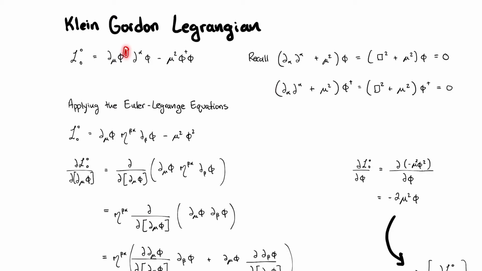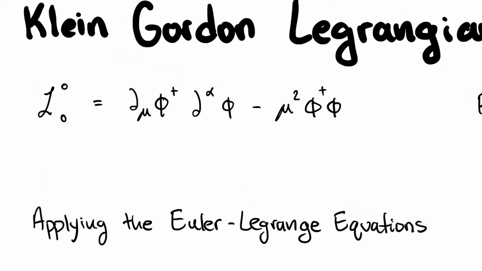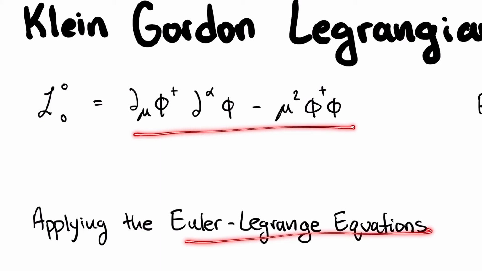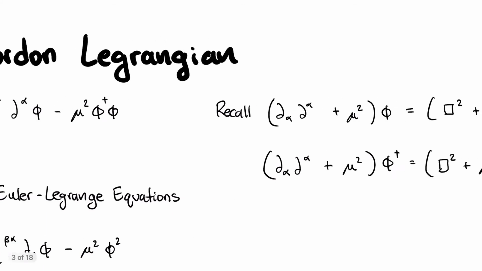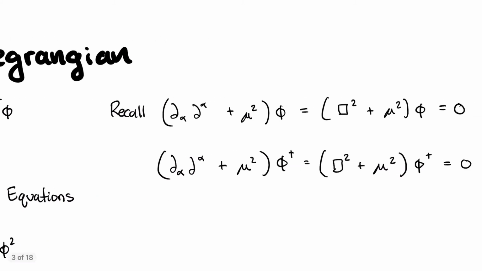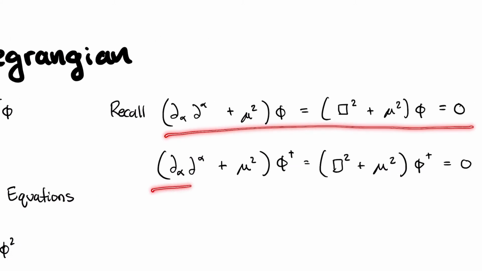Here we have, I'll zoom in a little bit, the adjoint to our solution. So this here is the solution, and this here is the complex conjugate of the solution. And we're going to see, when we apply a certain set of rules to this, specifically the Euler-Lagrange equations, that we recover these guys right here.